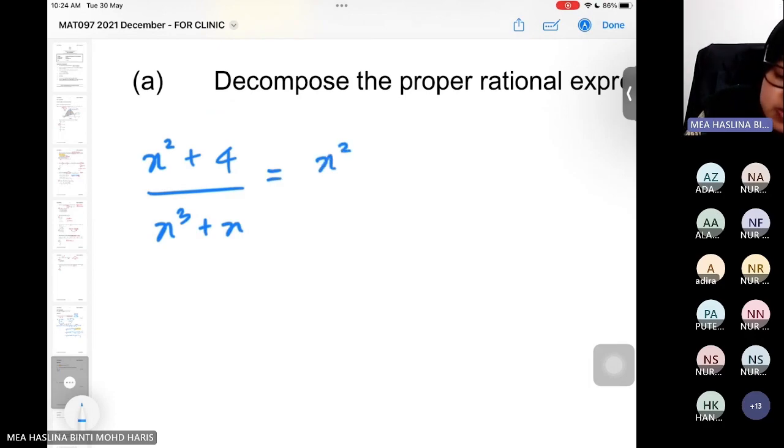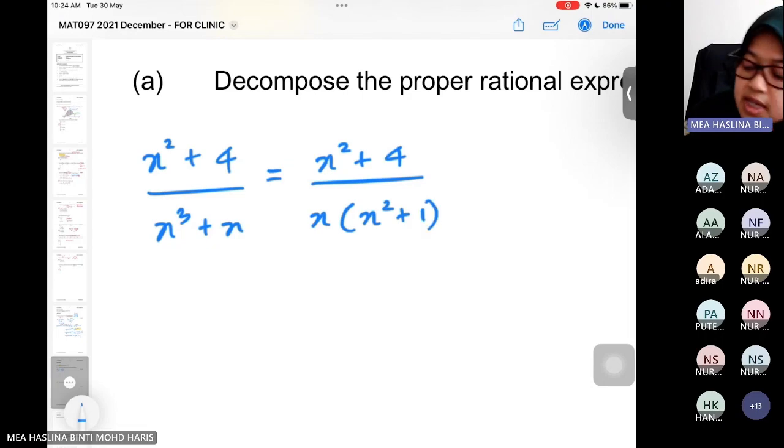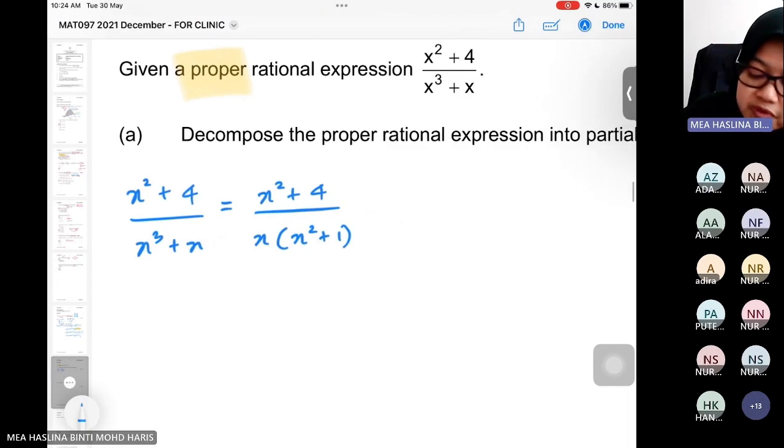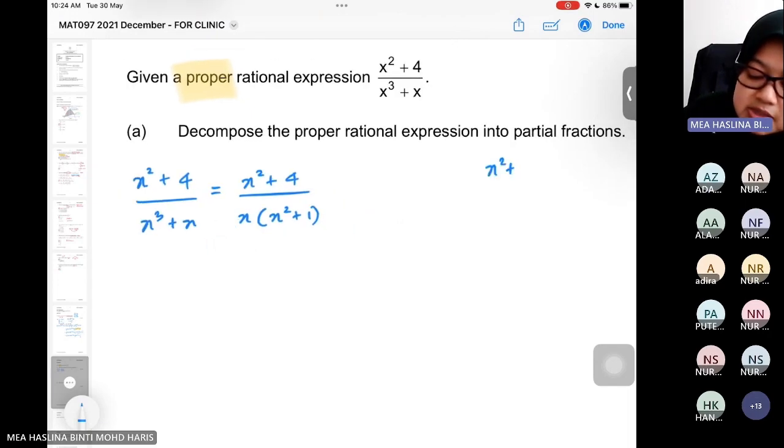So you have x squared plus 4 divided by, factorizing the common factor x, x squared plus 1. When you see x squared plus 1, you try to find the roots of the factor, and you will see that the roots are complex numbers, because you will have plus minus square root of a negative number.